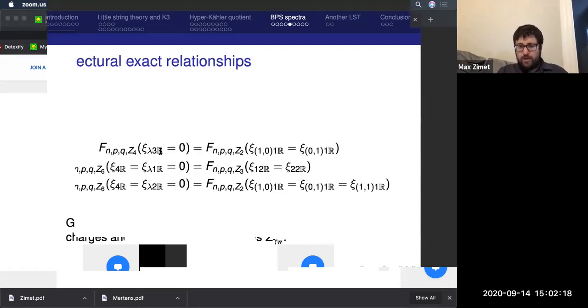So far we're only working at first order in perturbation theory, but in light of how this hyper-Kahler quotient formalism produced those relationships, we conjectured these all-orders exact relationships. And then with the available data, we tested this, and they actually seem to be satisfied. This is sort of amazing because the spectrum of the SU2 NF equals 4 theory couldn't be simpler.